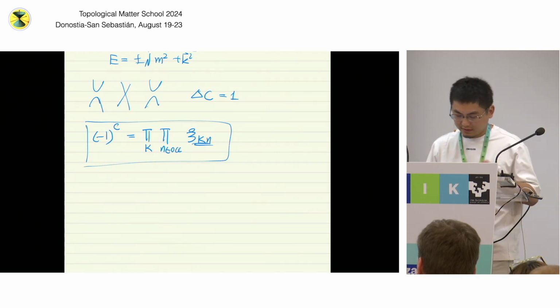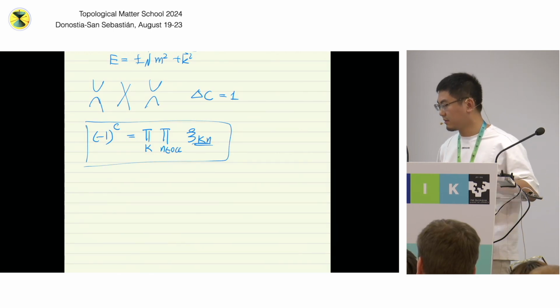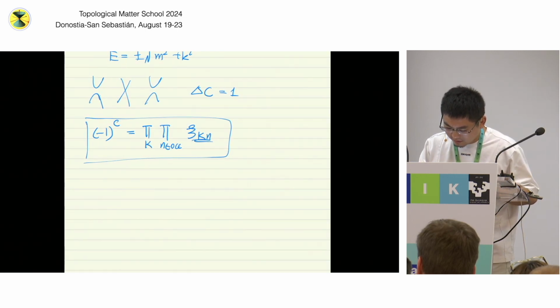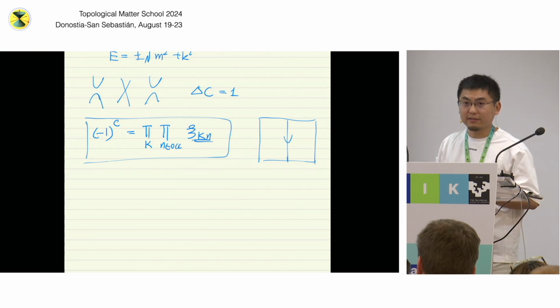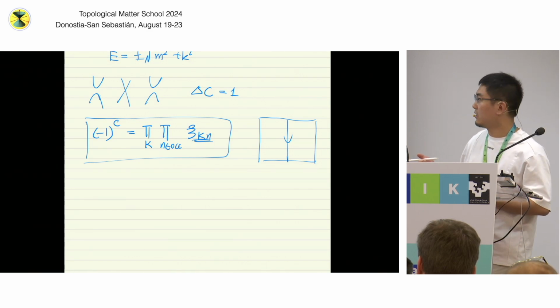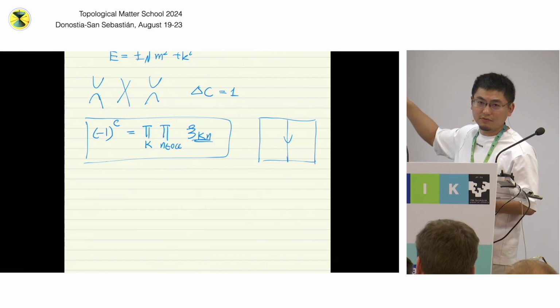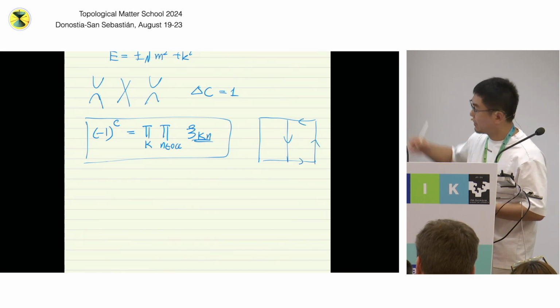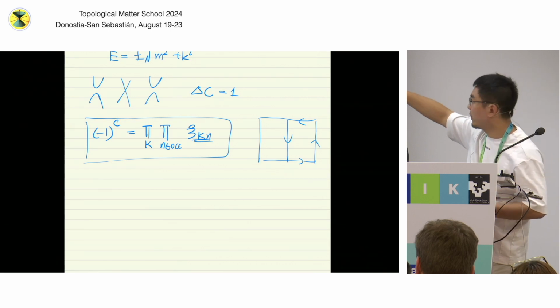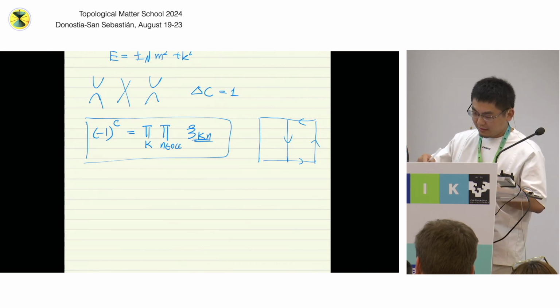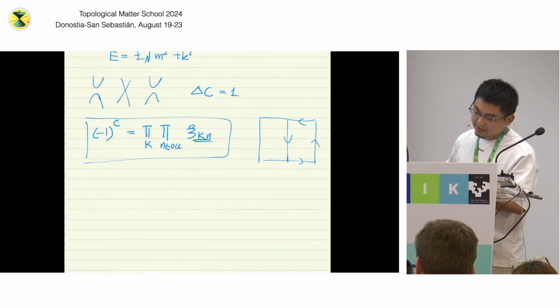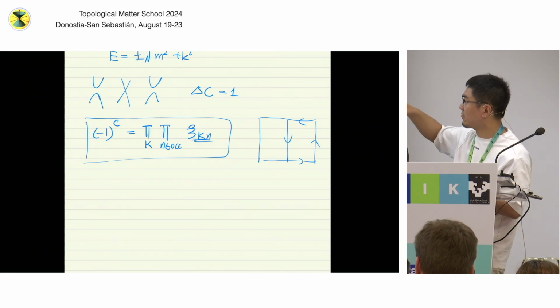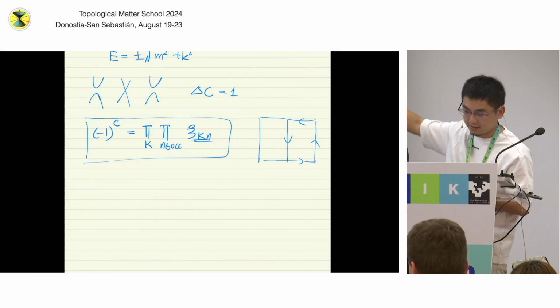I don't have time to prove this in this lecture, but I can give the basic idea for this proof. We can consider the integral of the Berry curvature on half of the Brillouin zone. We consider the Berry curvature in this half square, and this quantity is also given by the line integral of the Berry connection along this path, right?